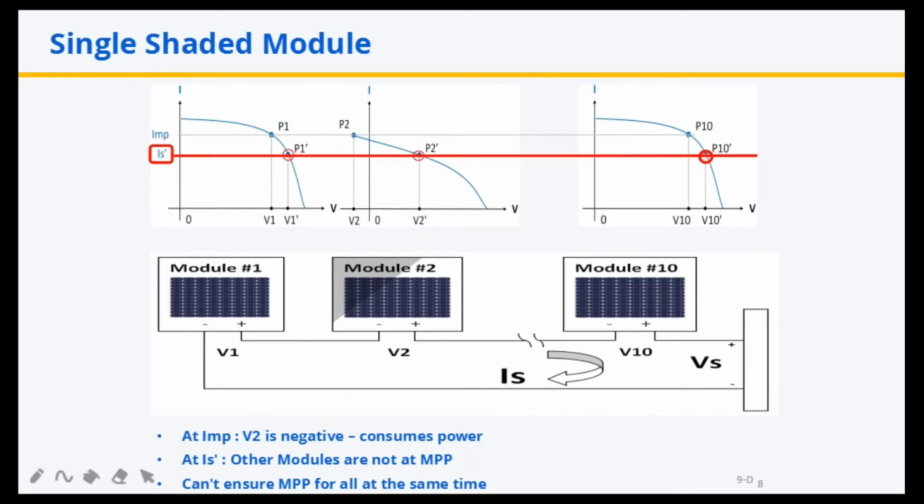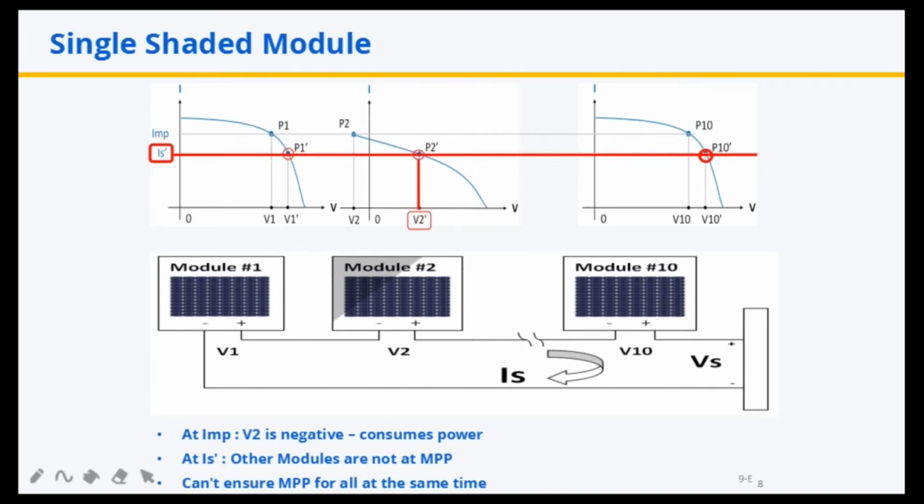It intersects the IV curves in points P1 dash, P2 dash, and so on. The voltage output V2 dash of the second module is now positive. So the module once again starts generating positive power.